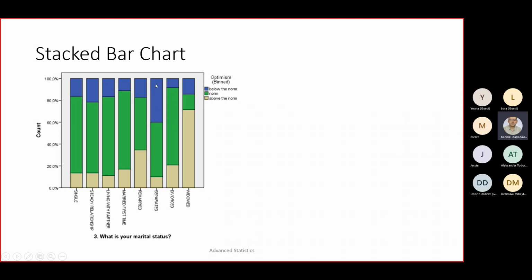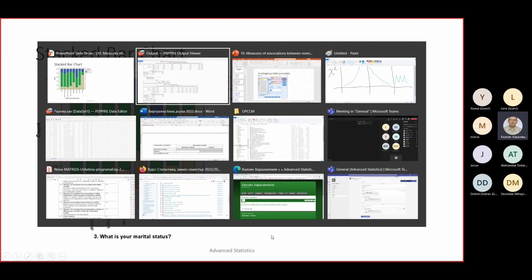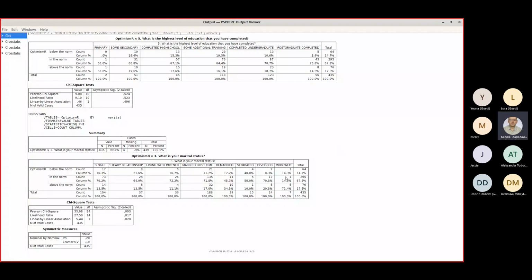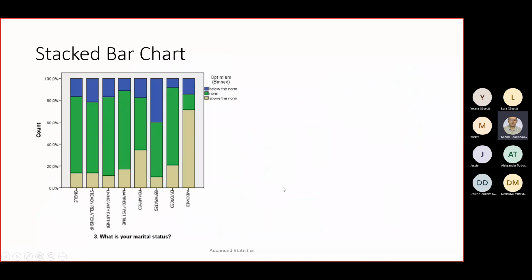And in the group of without, the percent of persons above the norm is the highest among all groups, and here in the chart, this bar is the largest among all groups.